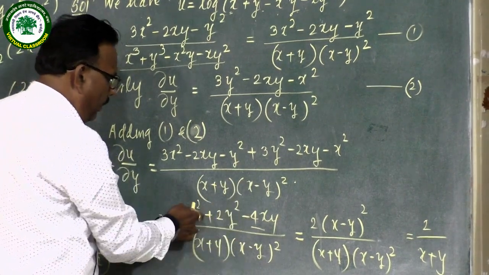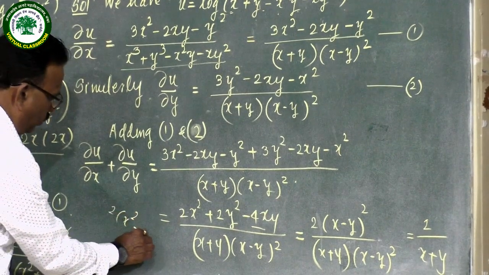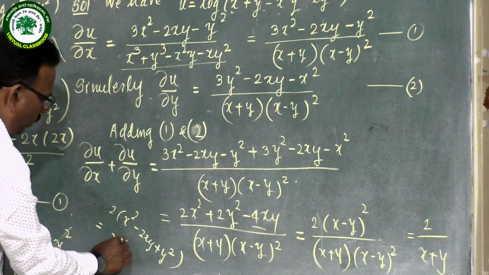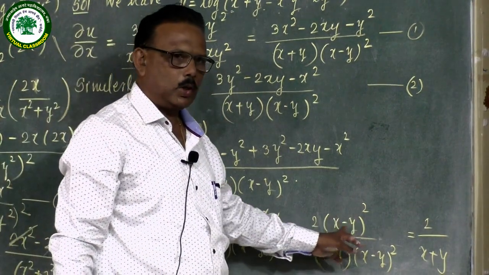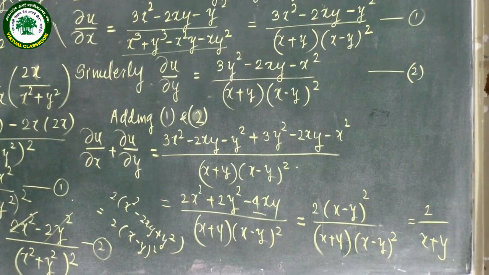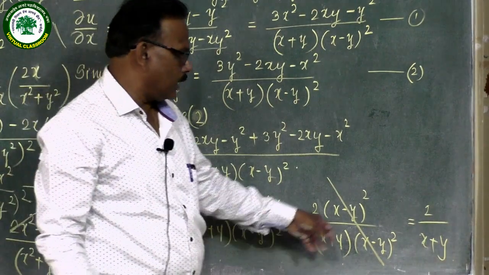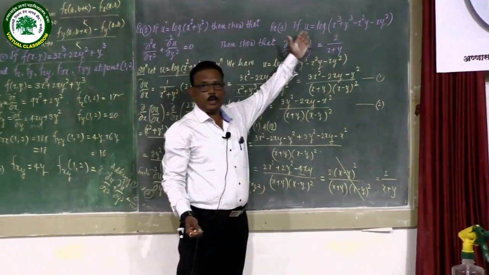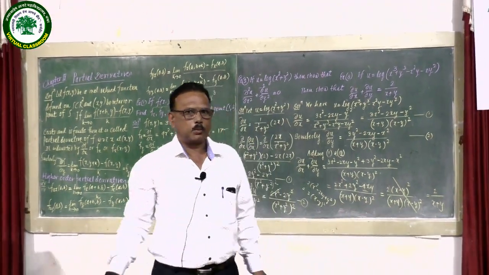Taking 2 common, this bracketed quantity will be 2 into (x square minus 2xy plus y square), and it is 2 into (x minus y) square, divided by the denominator remaining as it is. This bracket is cancelled with each other and the term remaining is 2 upon x plus y, which we have to show. Okay, partial u by partial x plus partial u by partial y is equal to 2 upon x plus y.